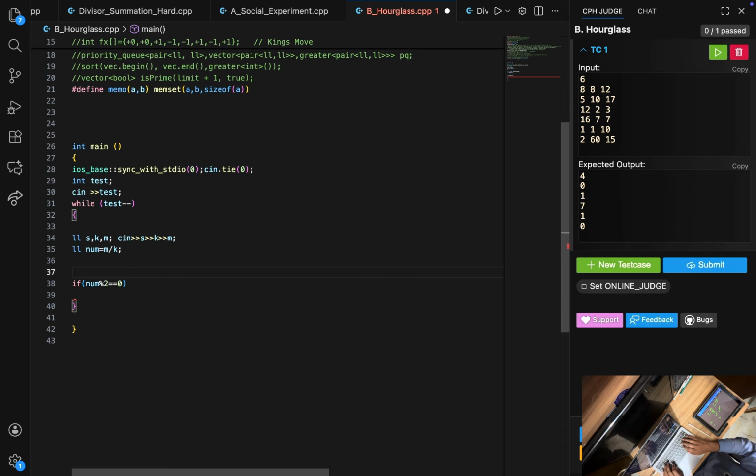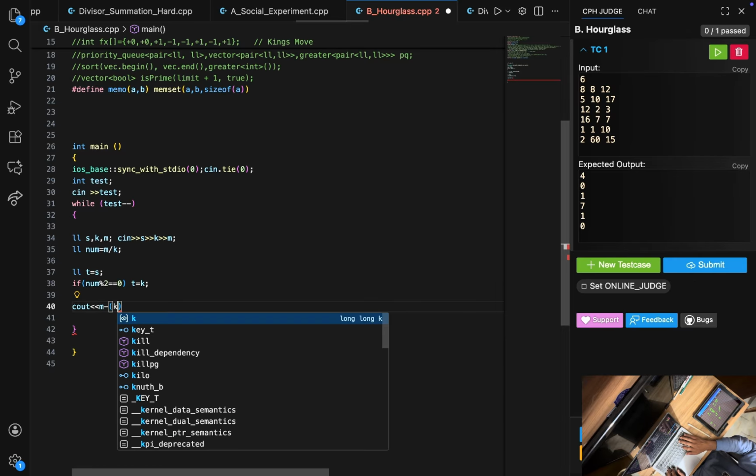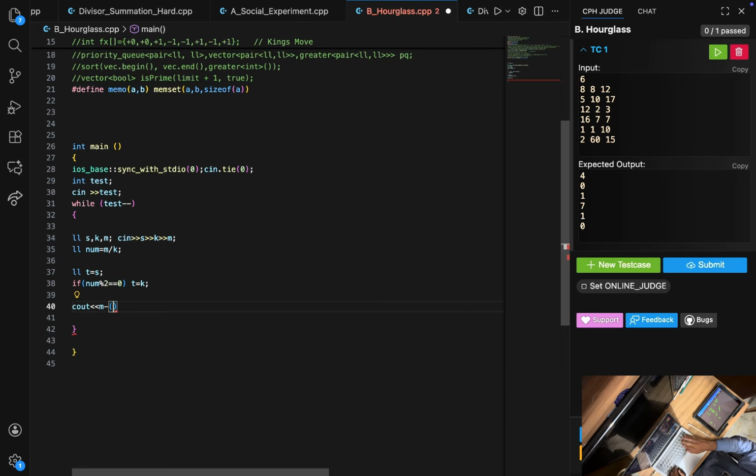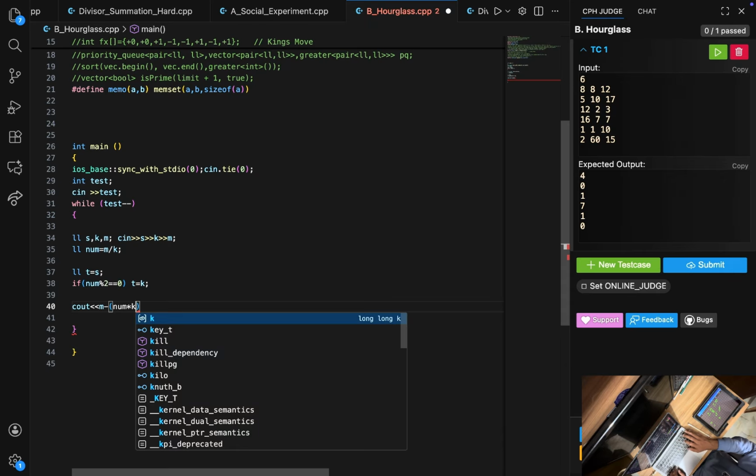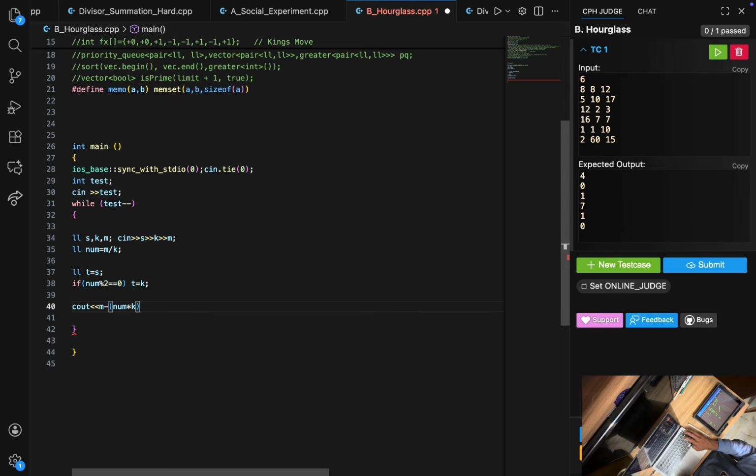So t equals, let's say, s, and let's say t equals k. Okay, then cout m minus num times k.